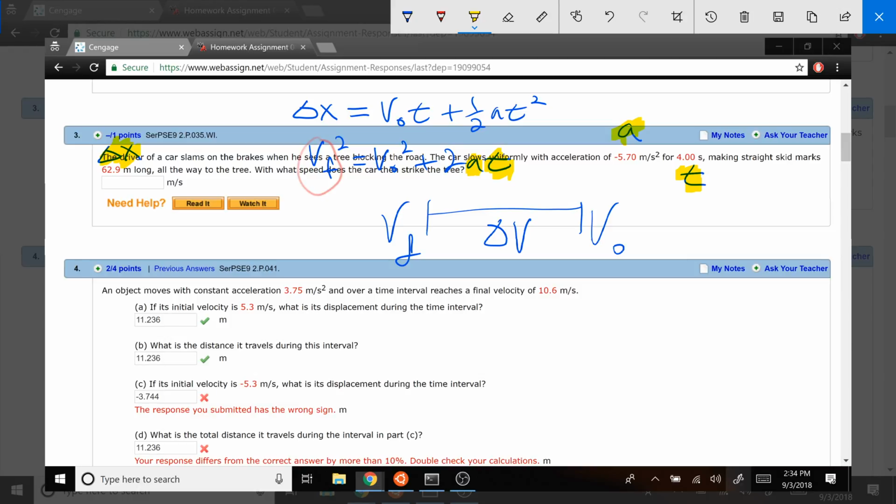And as soon as I dump that into the pattern matcher in my head, it gave me this equation, because so much of that is in there. So I have delta x, I have A, I have T. Magically, that only leaves one thing.